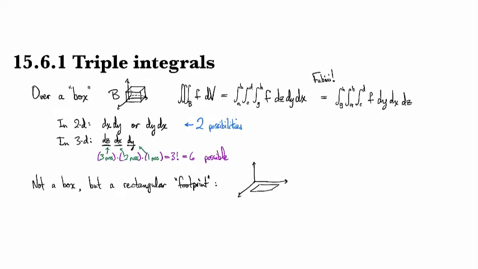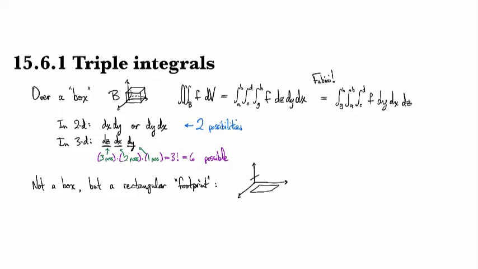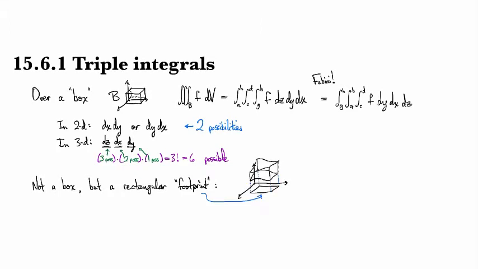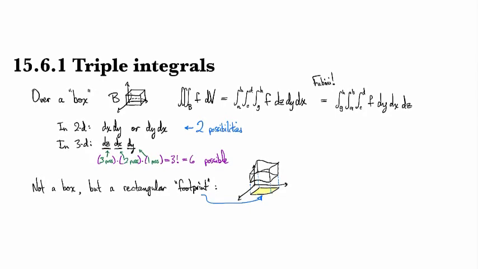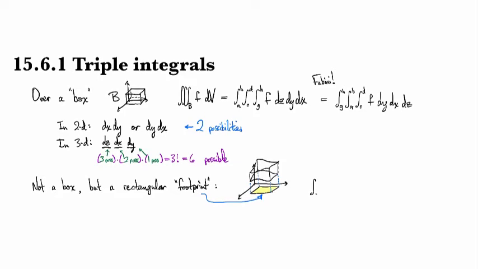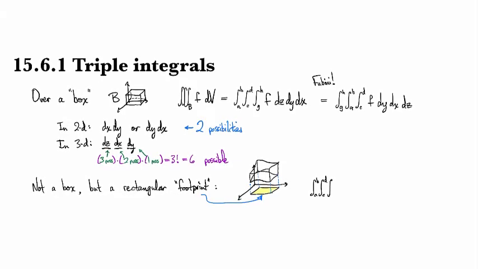So maybe our actual, let's see if I can draw something cool here. So there's our footprint, this shape that we've got down here in the XY plane. So what does this look like? Well, then this is going to be A, B, C, D, but now we're going between two functions.